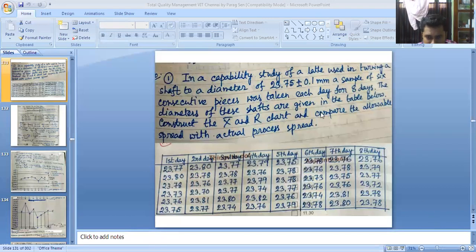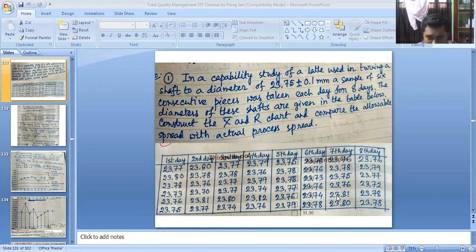But if we reverse the problem, that means if shaft wise we take these columns, there are 6 shafts, and the days data we collect row wise, then what will happen?